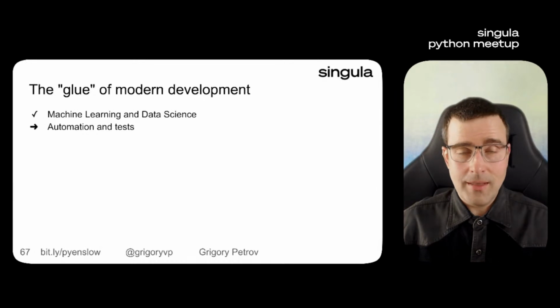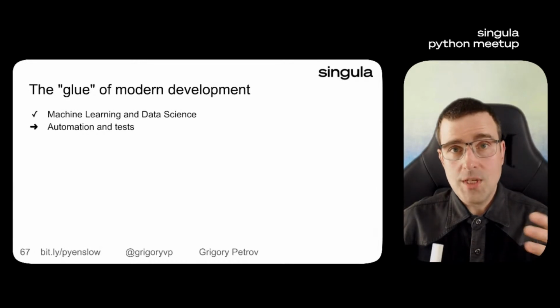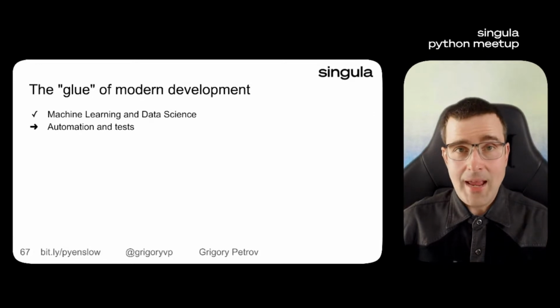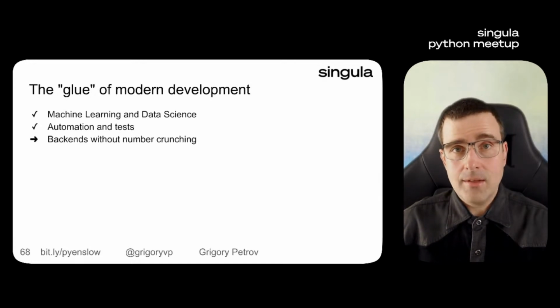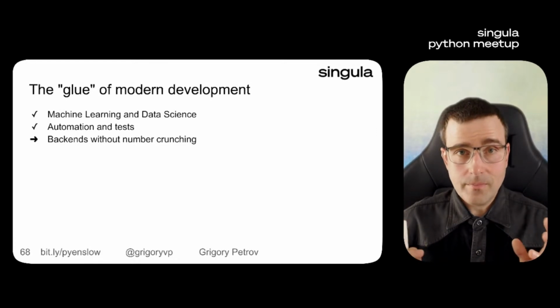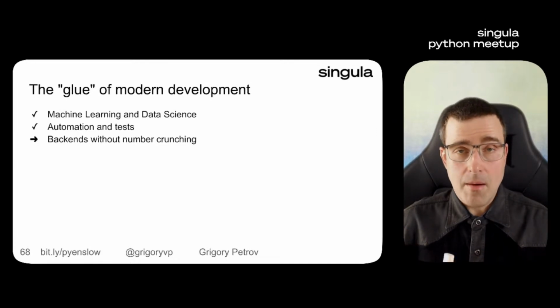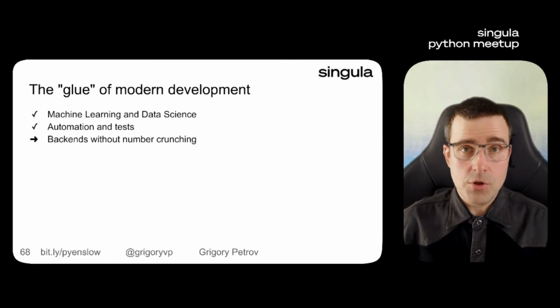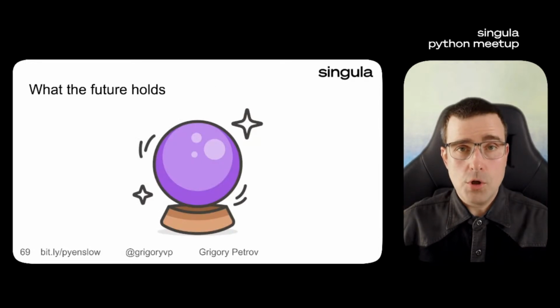So it's an ideal language to teach people how to develop software, and they can use this knowledge to do automated tests. Also, all backend development with non-custom number crunching is great with Python due to support of libraries, an abundance of them, and native extensions which are readily available for us.